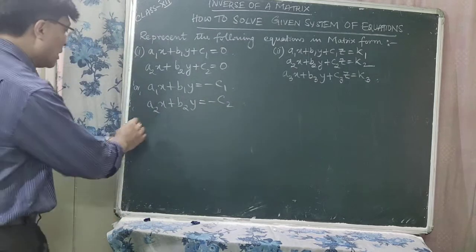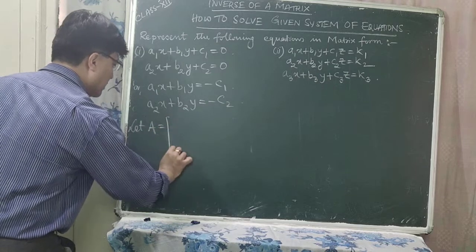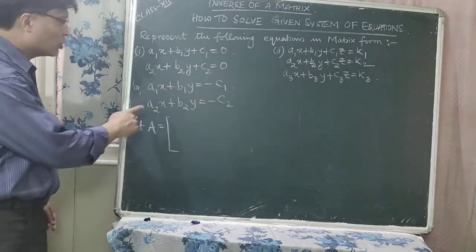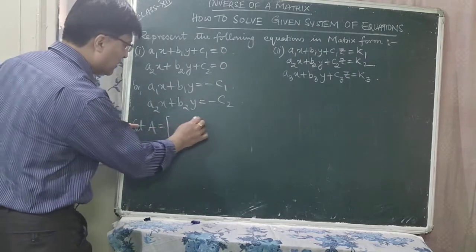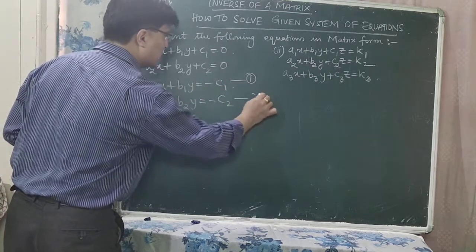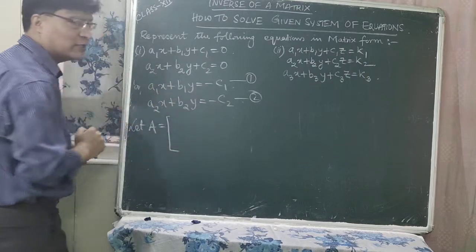Now let us assume the matrix A. The matrix A will be the coefficient matrix. That is, the coefficients of x and y should be here. This is the first equation and this is the second equation. So the first equation is a1x plus b1y is equal to minus c1.